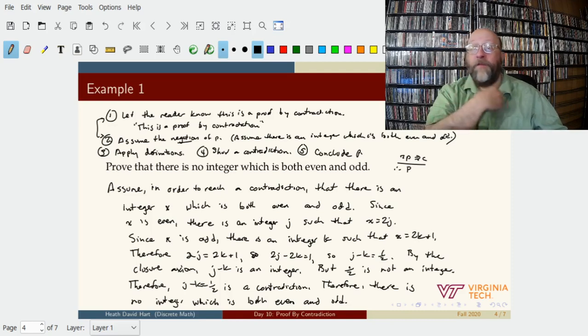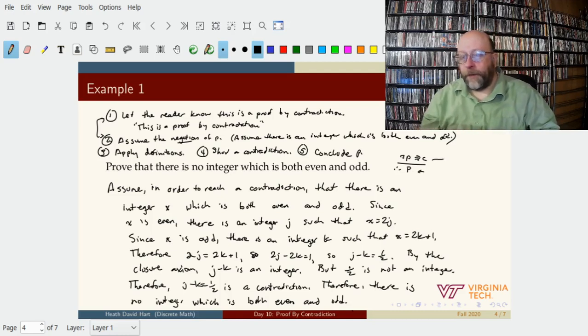Apply the definitions, in this case, what it means to be odd and even, to the integer x, so that we have something that we can calculate with. And then we can work through those calculations to show a contradiction. And once we have shown that contradiction, then we're finished with a premise. We then get to show the conclusion. Therefore, there is no integer which is both even and odd. Okay?